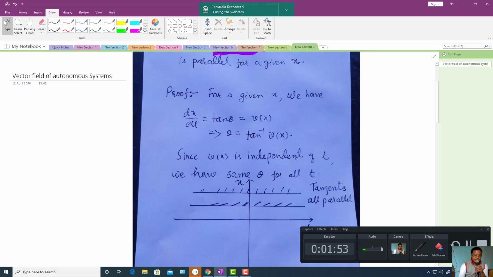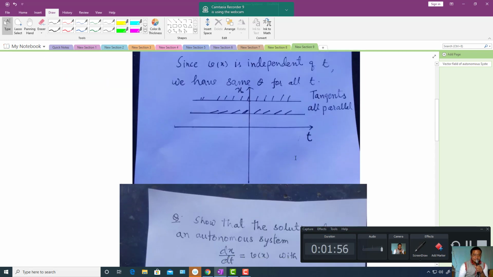Now, in fact, let us see here. For a given value, x is given here. This is fixed. So when time changes, if you start time from here, then you can think about one solution curve starting from here.